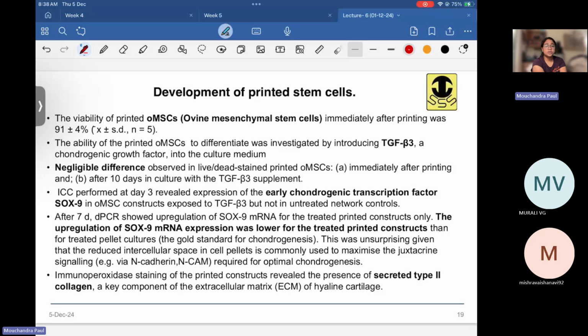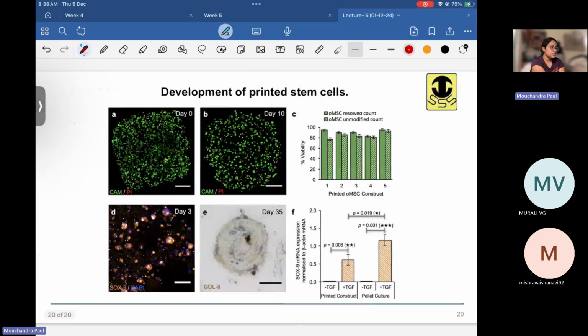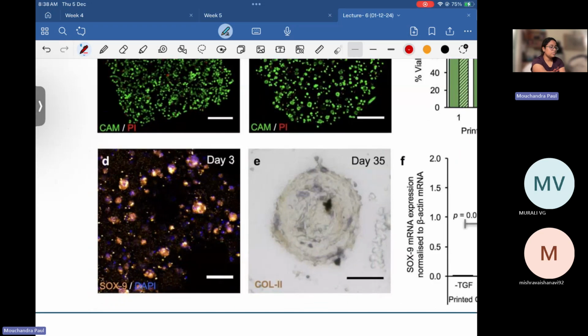And to trigger the differentiation of these mesenchymal stem cells into chondrogenic lineage, they used a growth factor called TGF beta 3, transforming growth factor beta 3. They added this growth factor into the culture medium. And what they saw at day three is that one early chondrogenic biomarker, SOX9, is being expressed in the droplets.